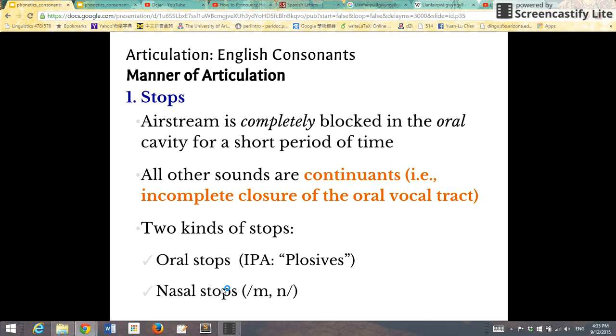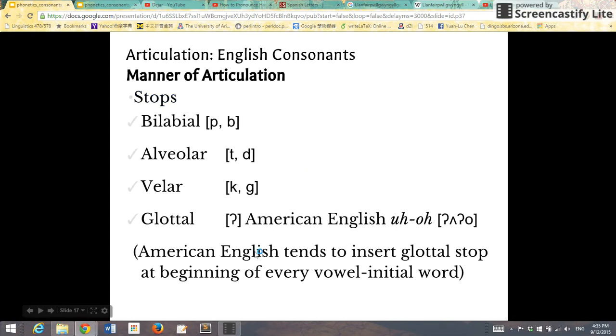So it's not really completely blocked, but in the domain of the oral cavity, for nasal sounds, there is a complete blockage as well. Okay. Other common oral stops are bilabial stops, alveolar stops, velar stops, and glottal stops. We just talked about this a while ago, right?